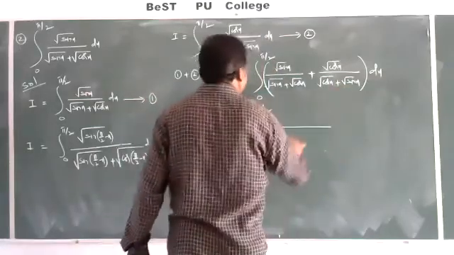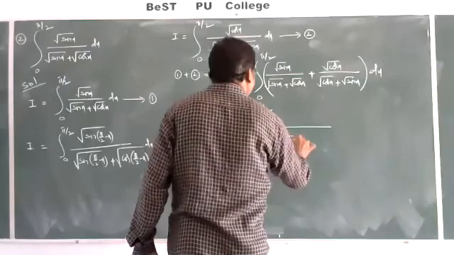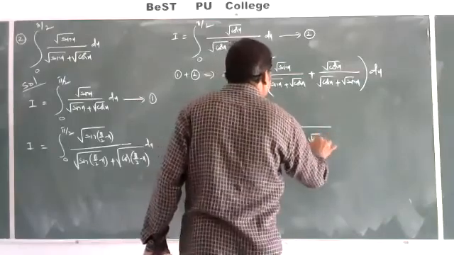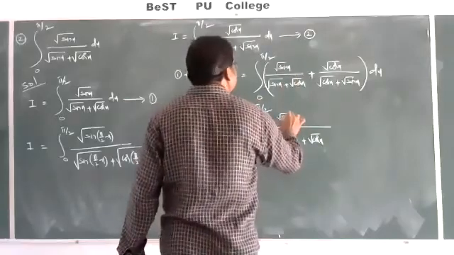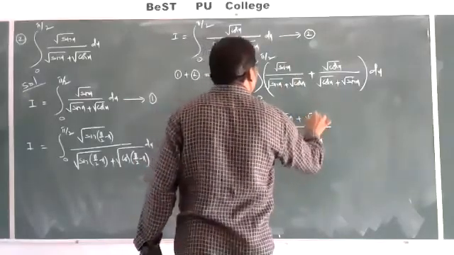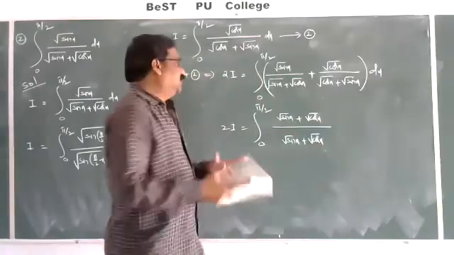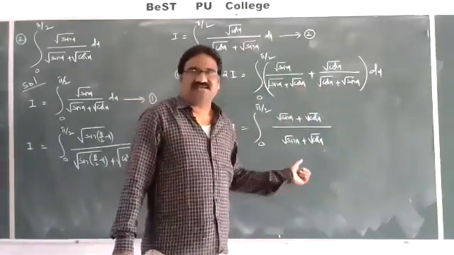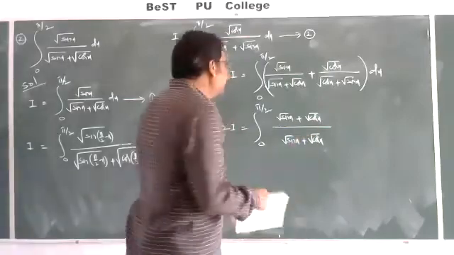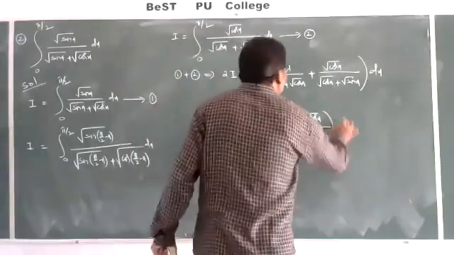2I is equal to integral 0 to pi by 2. The denominator is the same, root sin x plus root cos x. In the numerator you get root sin x plus root cos x. In these two fractions the denominators are the same, that's why the LCM is the denominator. In the numerator you get the same value into dx.